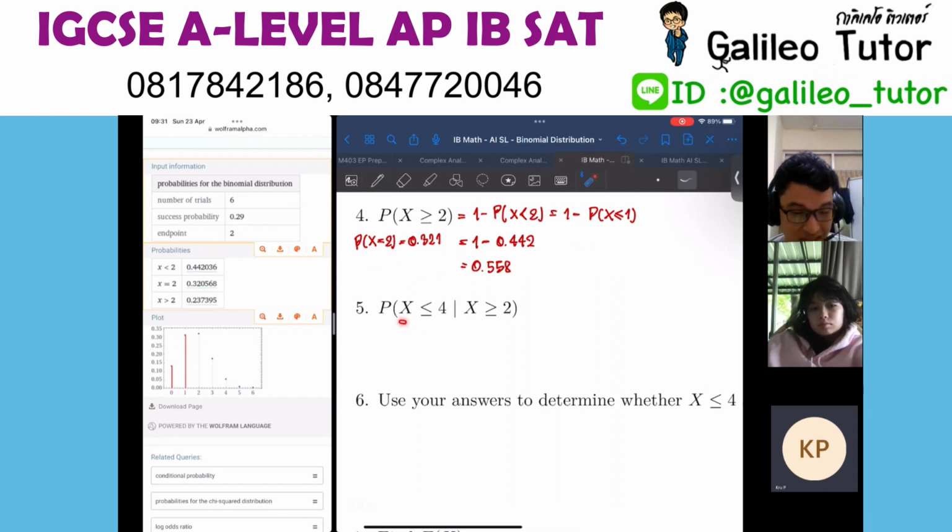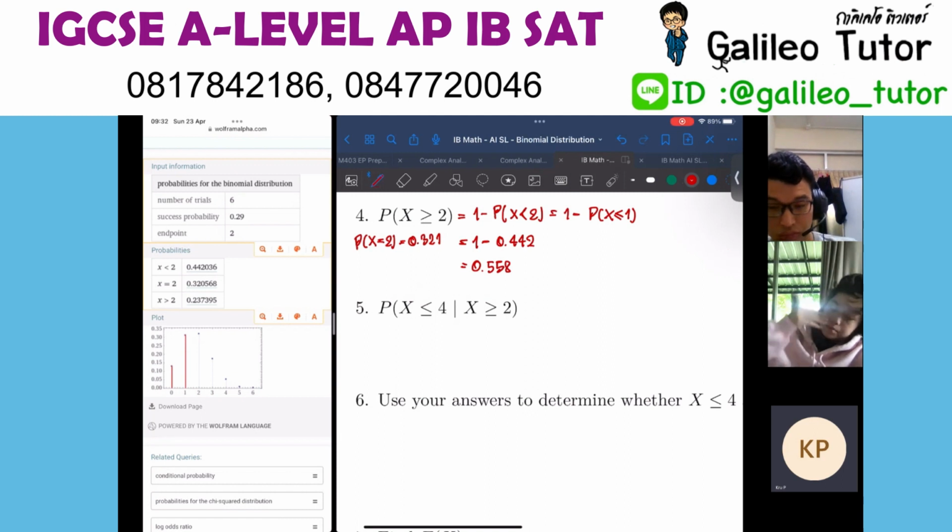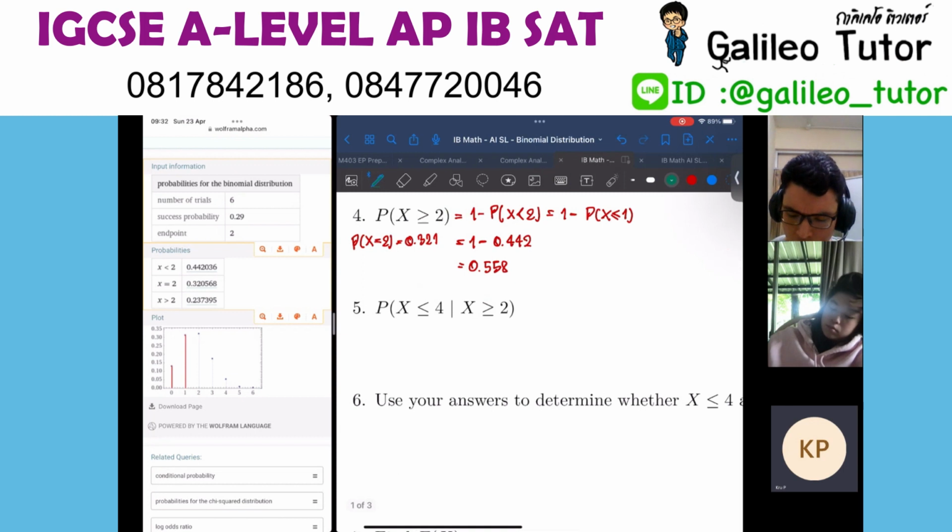The probability of x less than or equal to 4, given that x is greater than or equal to 2. How can we calculate this? This is the given probability, right? To do this, we need to calculate x less than 4 first.